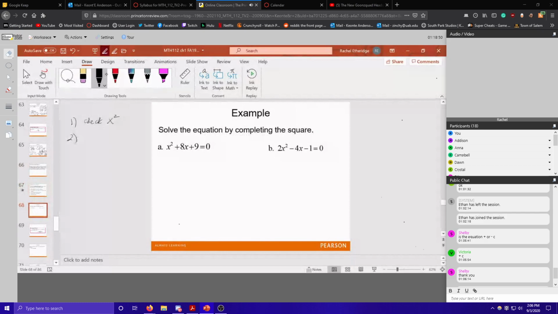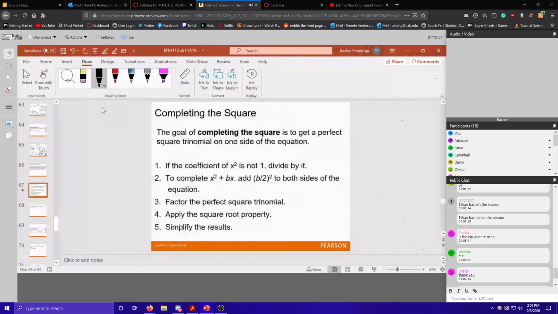The second thing I'm going to do is move all constants to the right. The constants are the ones that do not have a variable. I always put that as my step 2, so let's just put it up here with step 1. Move constants to the right.